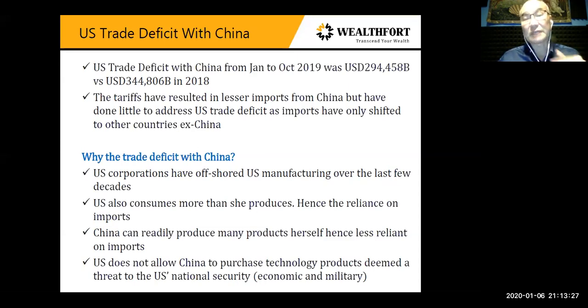Chinese companies themselves are moving out of China because China now is moving up the value chain in terms of industry. So when you are moving up the value chain, the wages of the workers also would increase. So what China is doing is that they are relocating their factories to Vietnam, to Indonesia, and to Africa.